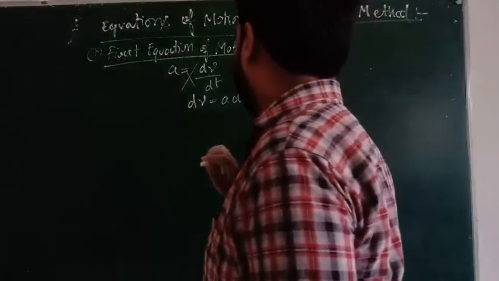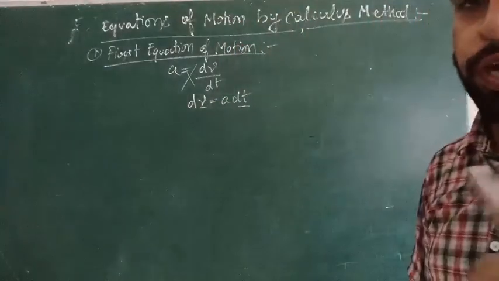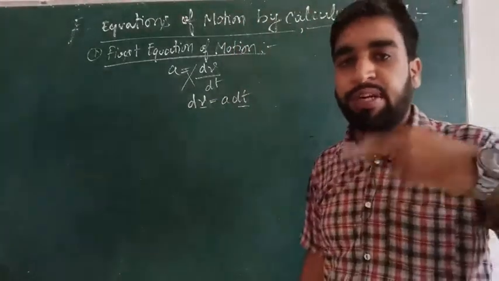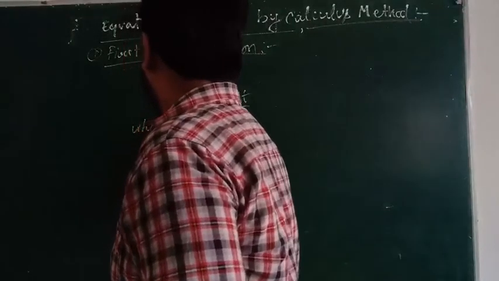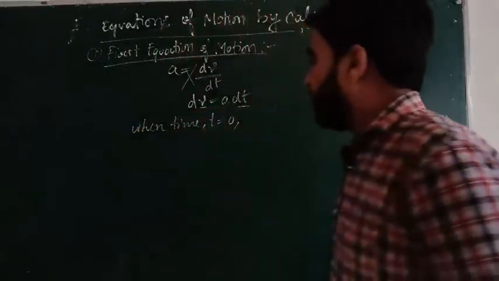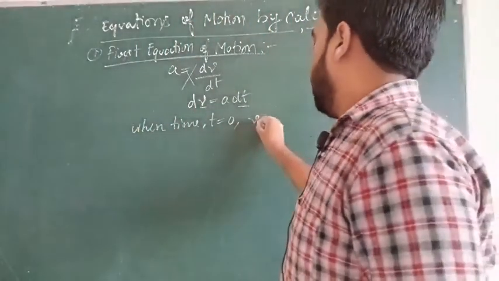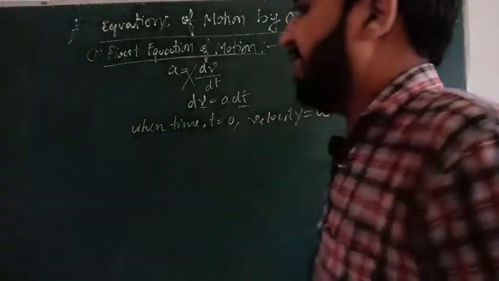Now students, here is velocity, here is time. So we should calculate both the things for different intervals. So when time t is equal to 0, then what should be the velocity? Velocity will be initial velocity, because we are taking initial time.